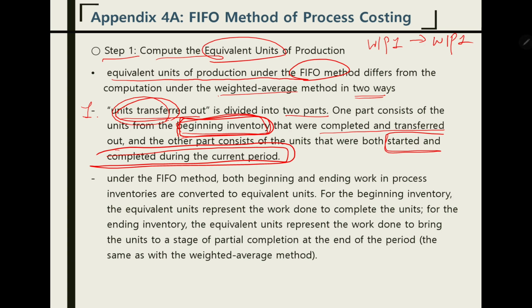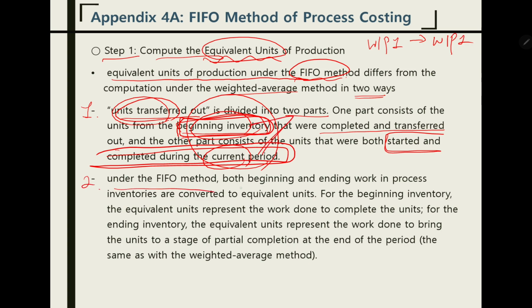In the weighted average method, they do not distinguish between these two when calculating equivalent units. We just sum these up. However, under the FIFO method, we distinguish between these two.